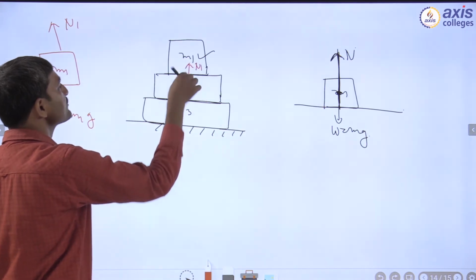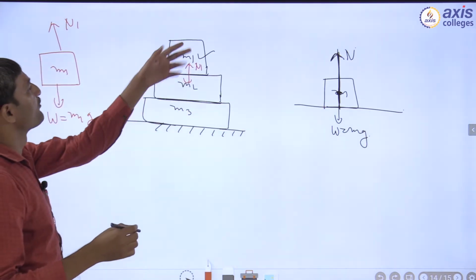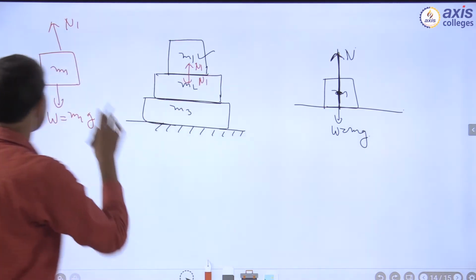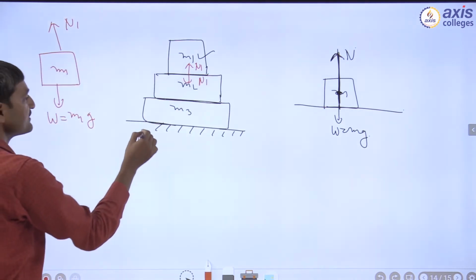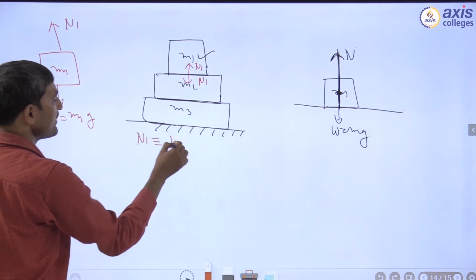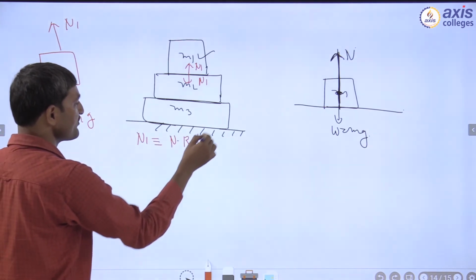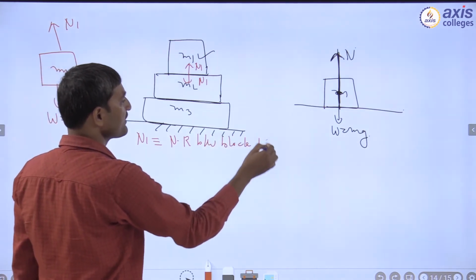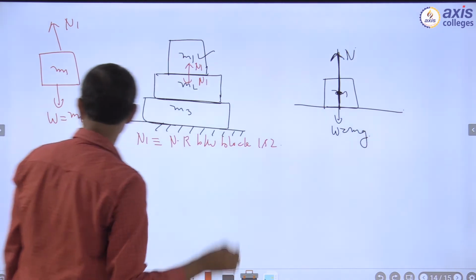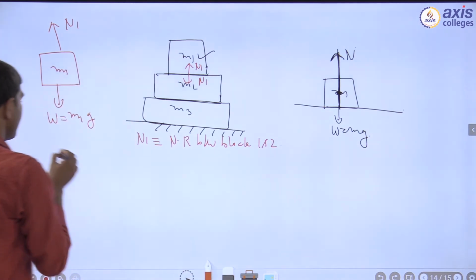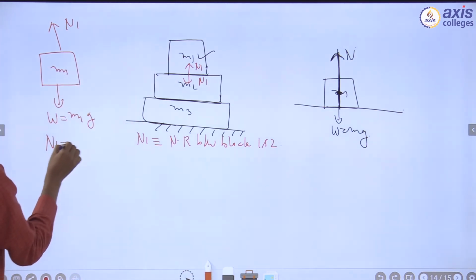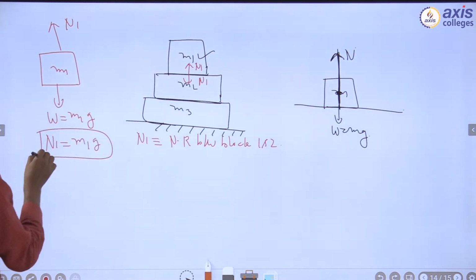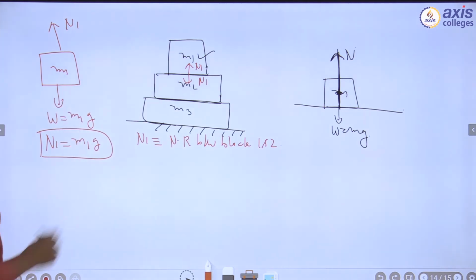Keep in mind, in block 1 it will work in the upward direction. For block 2, it will work in the downward direction. So N1 equals m1g. This is the free body diagram and equation for block 1.